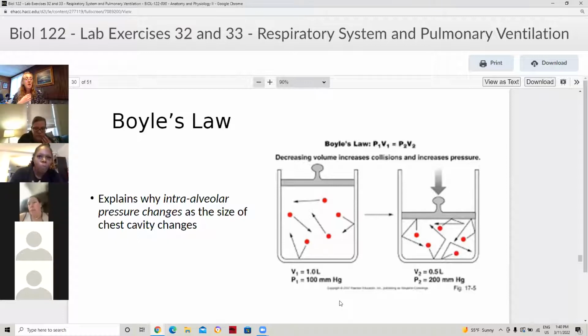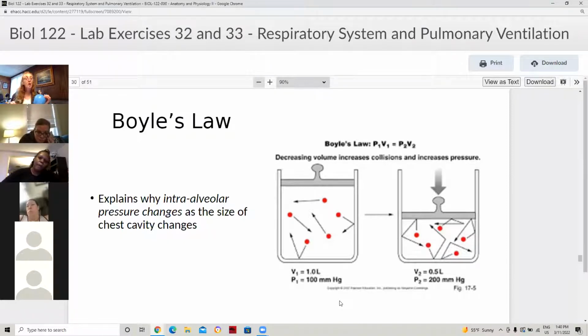It's not equal. And so the whole reason the air actually moves into your lungs is because you've decreased the pressure in the lungs. And the result is that the air moves into the lungs. Does that make sense? Yeah, when it's explained that way, yeah. That's how you want to look at this.